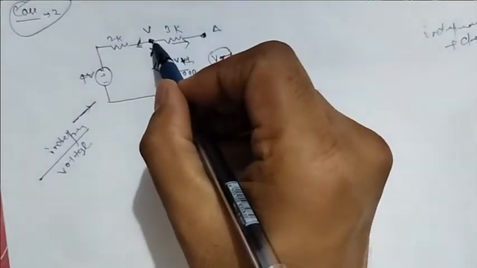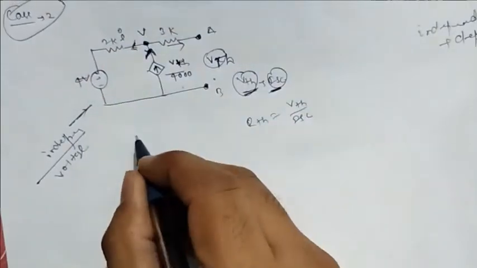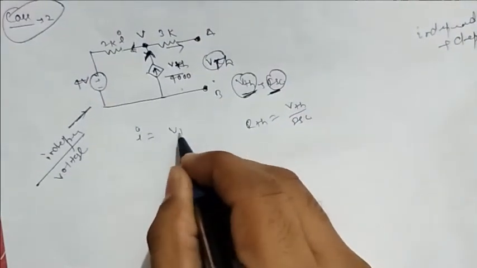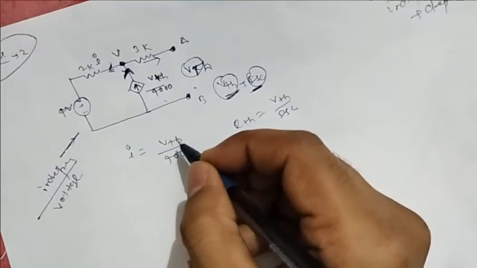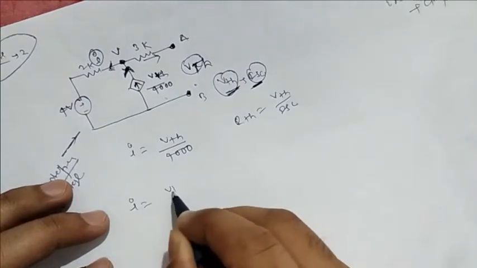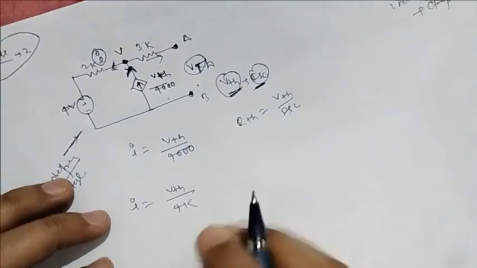Now what is this current? If I calculate this current, I must be equal to VTH by 4000, or I can say I is equal to VTH by 4K.